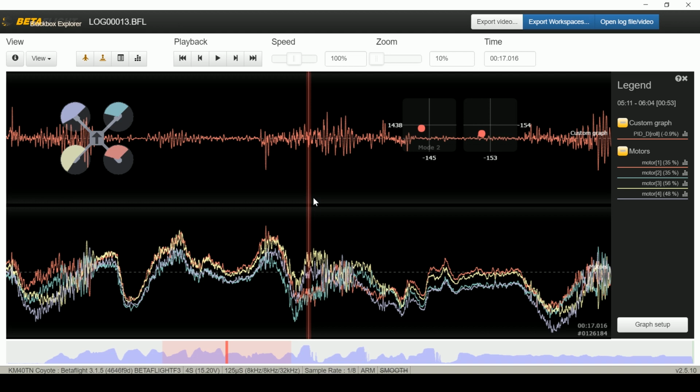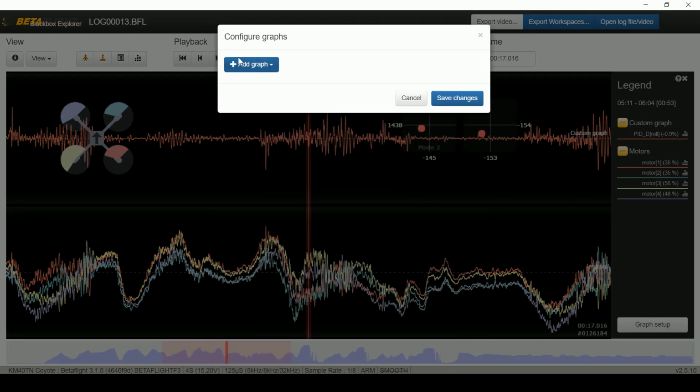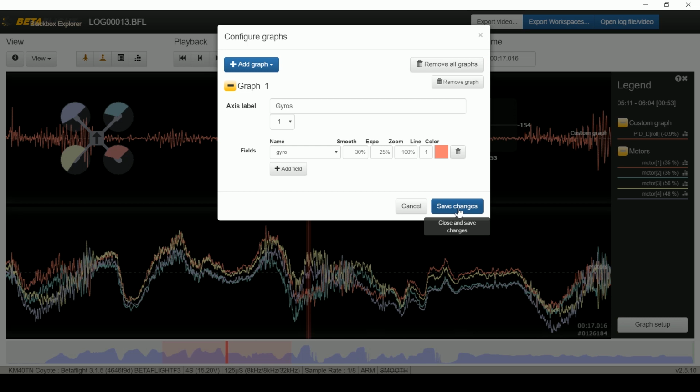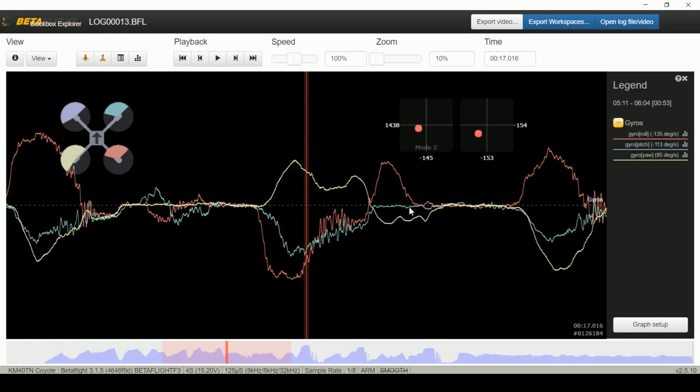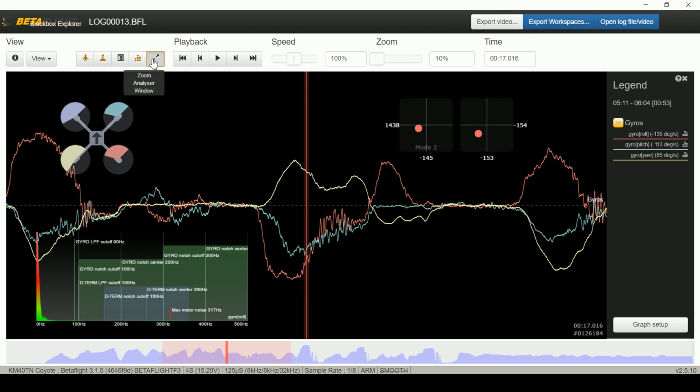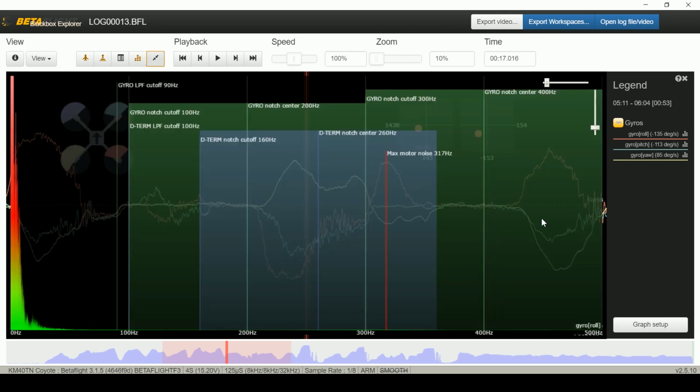D term interacts strongly with the filters. So it's critical as you're raising D gains that your filters are operating correctly. And we can look at the spectral, let's do this. If we look at the gyros, we can look at the frequency spectrum for the gyro.